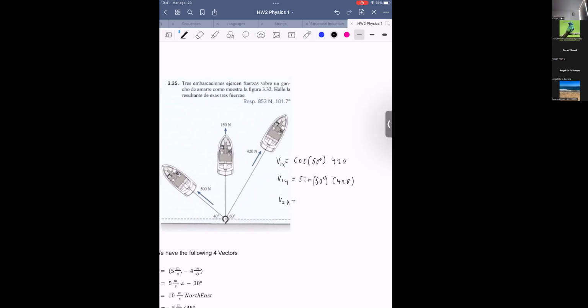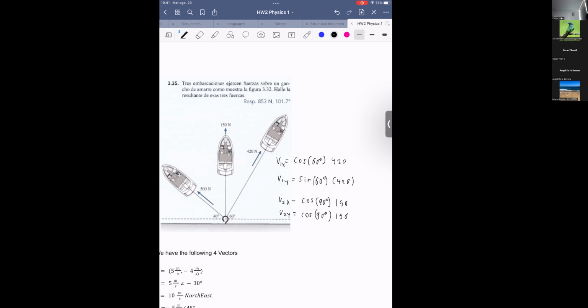B2x is going to be cosine of 90 times 150, sorry. B2y is going to be sine of 90 times 150.